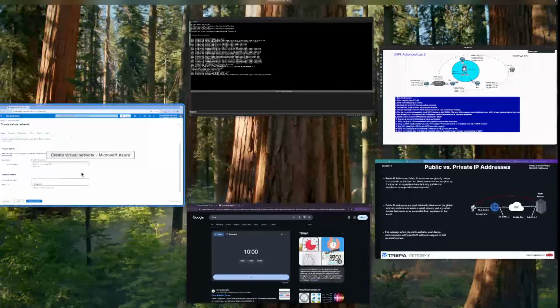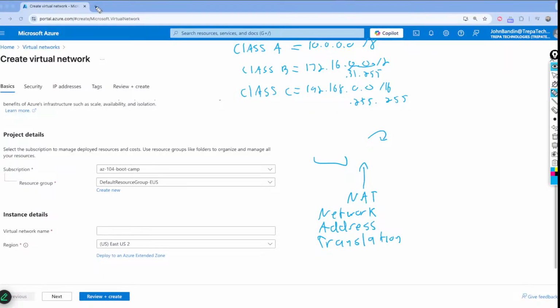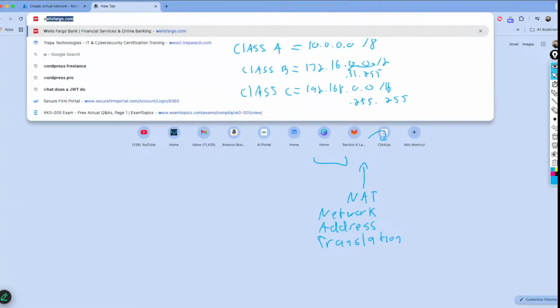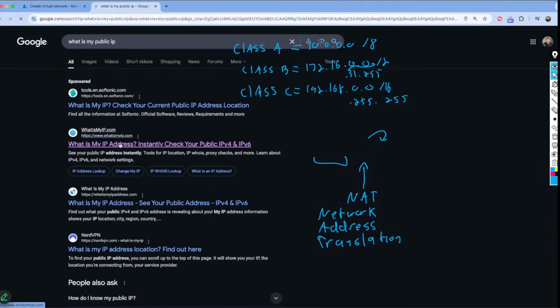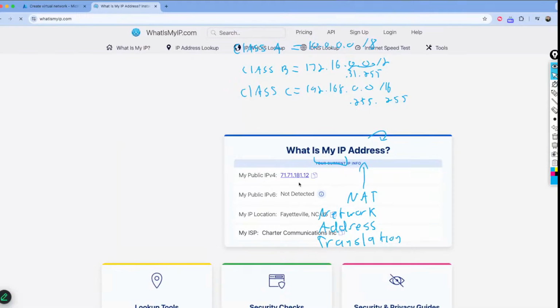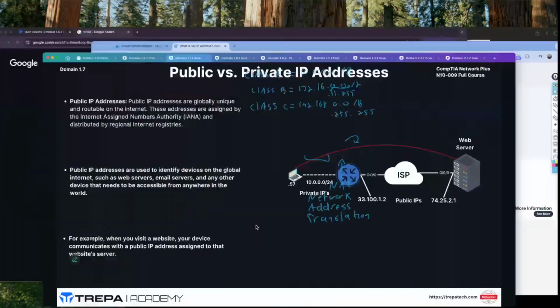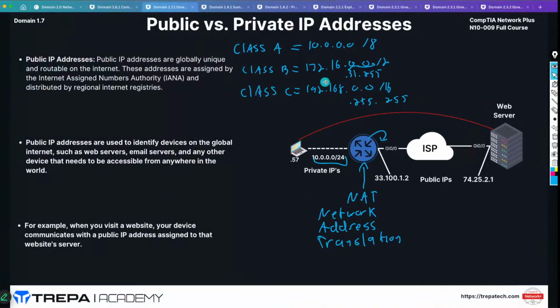So if you open up a web browser and type in "what is my public IP," there it is. You're not hitting the internet with that private IP address that's assigned to your computer. We're doing NAT at the router, and we're converting you to a public IP, okay?